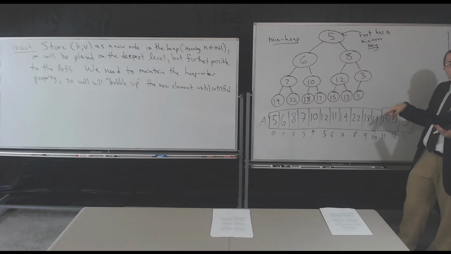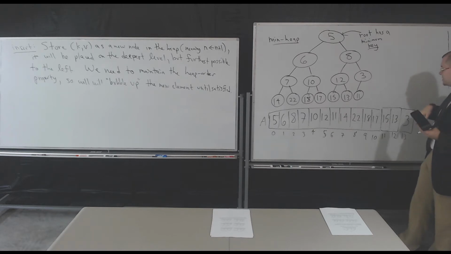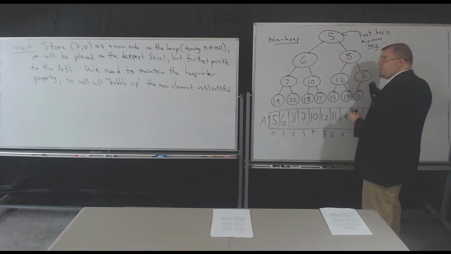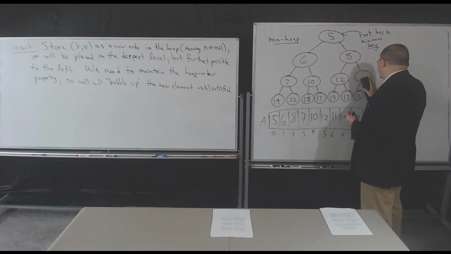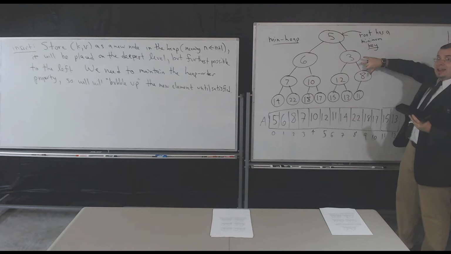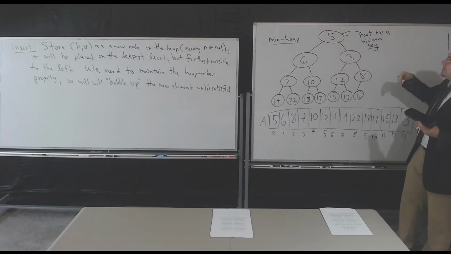Now, not to be confused with the elements I'm referring to as in our key-value pairs. I'm referring to the positions, the contents, so that's why I'm referring to them as nodes, by the way. It makes it a little easier to talk about. So 3 and 8 need to be swapped because I compared 3 versus 8, and 8 is definitely bigger than 3, so we need to bubble up some more.